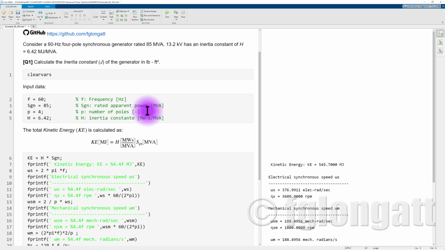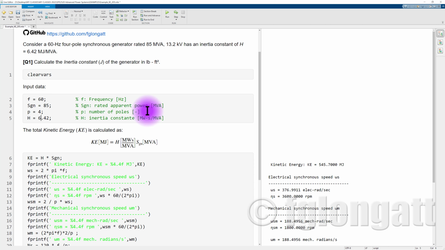The first step here is that we need to know the kinetic energy. We have many videos in the channel talking about kinetic energy calculation. And all my clever and brilliant students know that the kinetic energy is connected to the rotational inertia H and the rated apparent power.